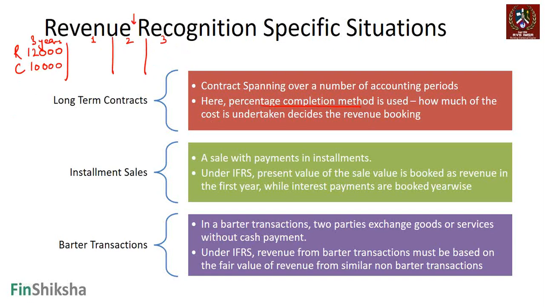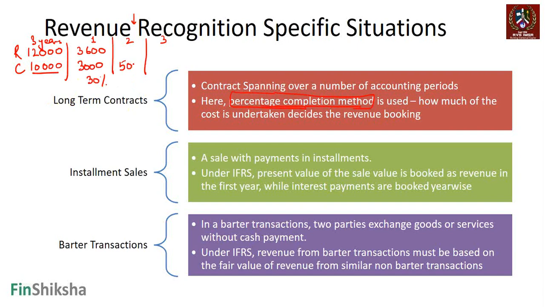So what is used is the percentage completion method, and under this you figure out how much cost has already been taken. Let's assume 3,000 crore worth of cost is already taken here. So what is that as a percentage of total cost? 30%. So you're assuming that the project is 30% complete. If the project is 30% complete, you assume that the revenue is also 30% of the total revenue number.